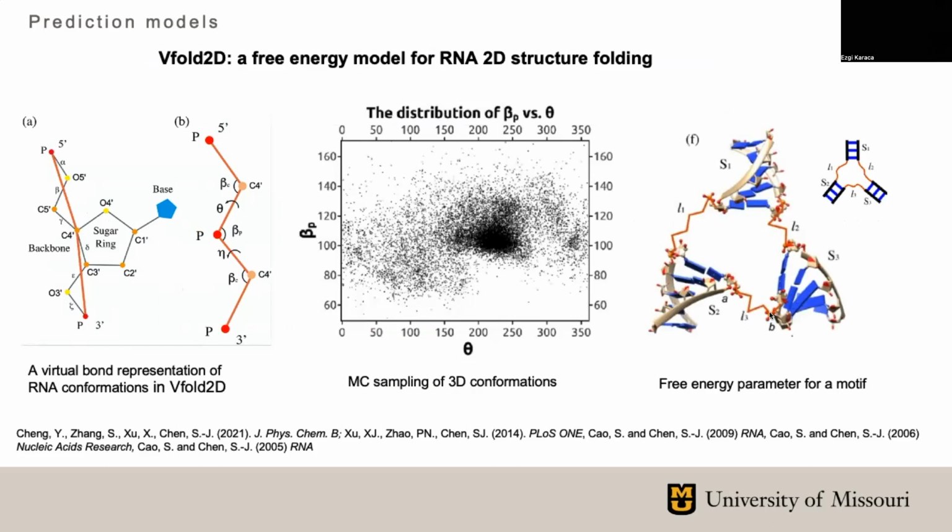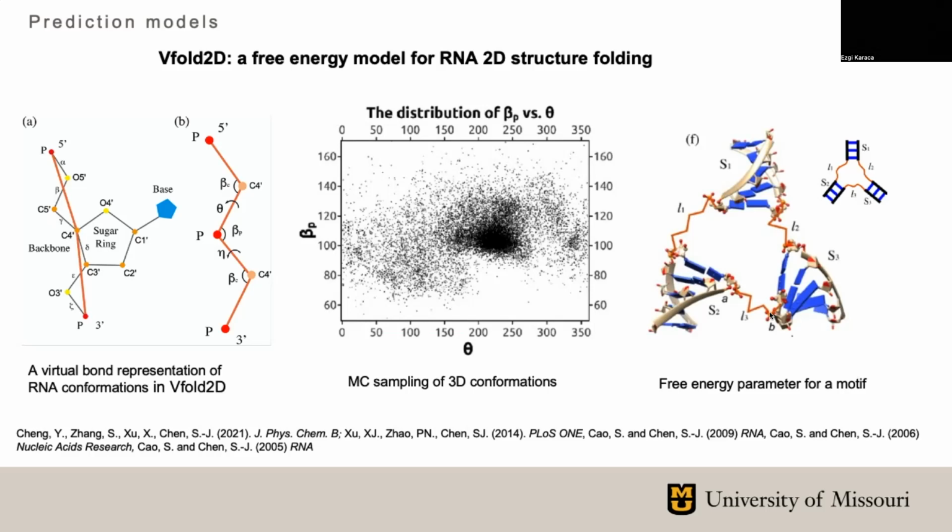In this coarse-grained model, we represent a nucleotide with two or three virtual bonds, like in the early days, Wilma Olson's virtual bonds in DNA structures. Then, based on the statistical frequency data, what we call the Ramachandran plot in the protein field, we did Monte Carlo sampling to sample the conformations.